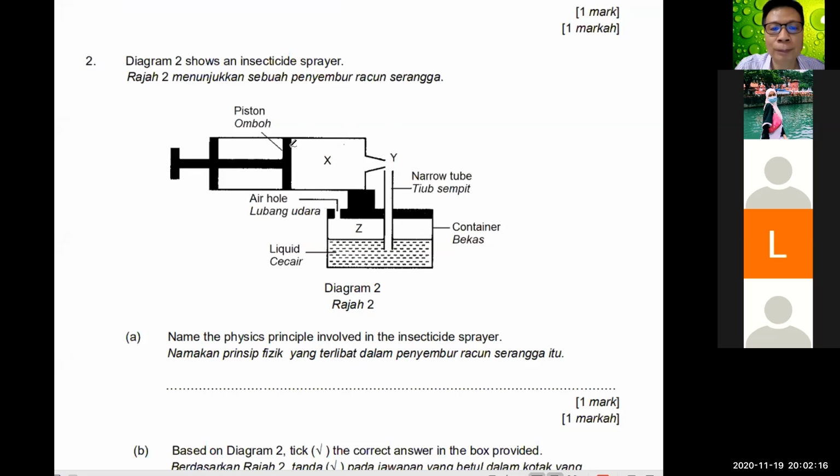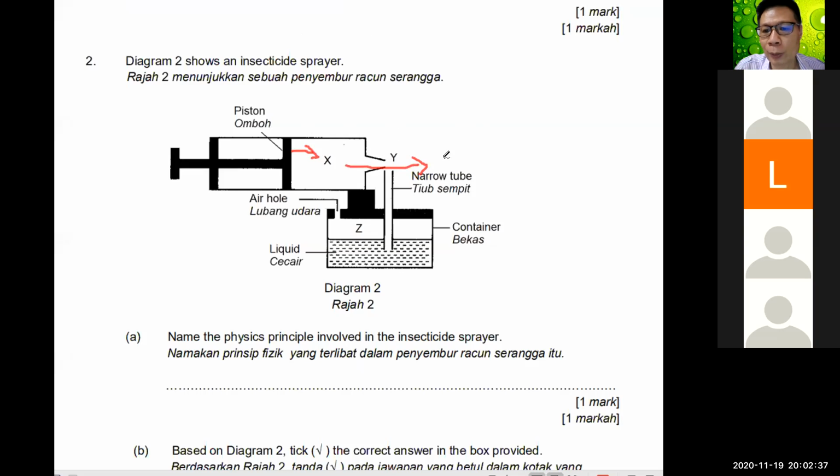So what you do is, you push the piston, to force the air out at high speed, very fast. The air goes out very fast here because it is very narrow.